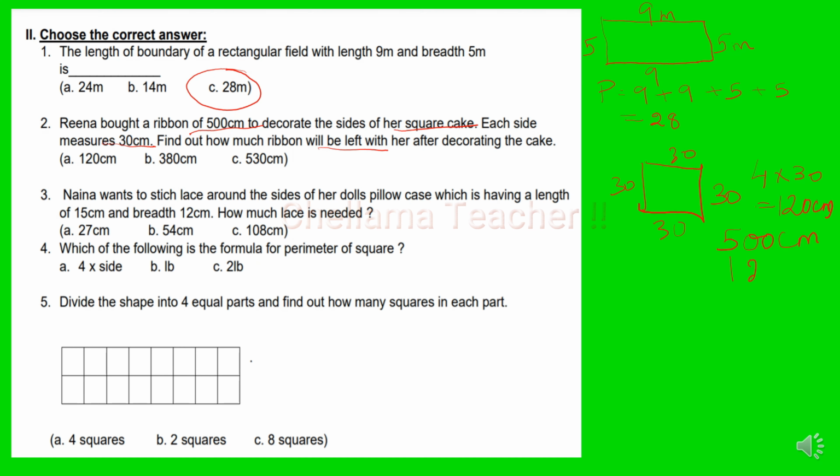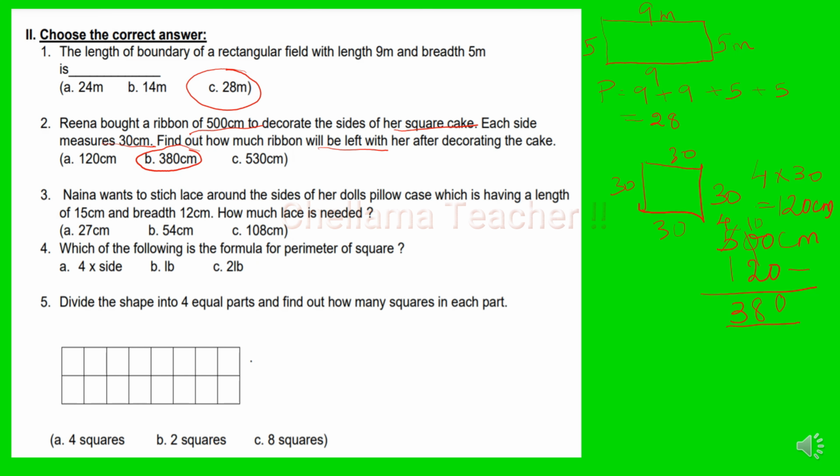That 120 is to be subtracted. So the answer is 0, and we have to borrow 10, and this will become 4. 10 minus 2 is 8 and 4 minus 1 is 3. The answer is 380 centimeter.